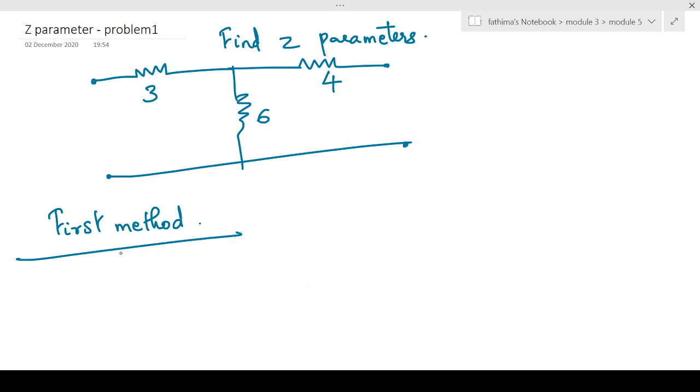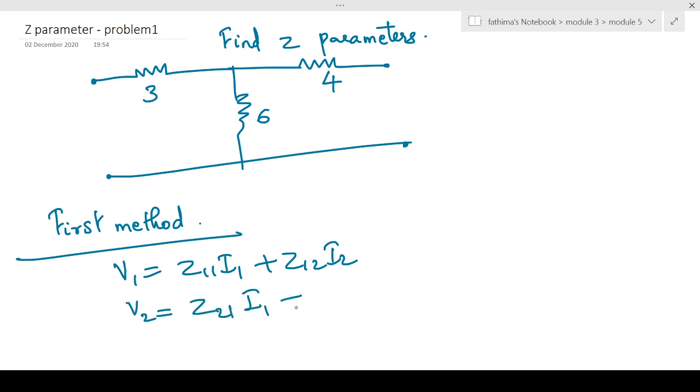We know the Z parameter equations for a two-port network are V1 is equal to Z11 I1 plus Z12 I2 and V2 is equal to Z21 I1 plus Z22 I2. So let's take this network.